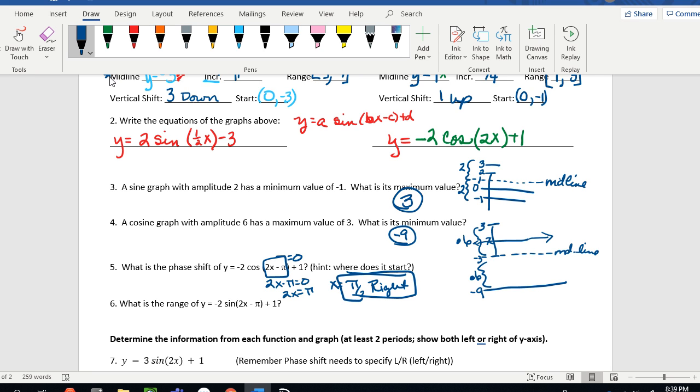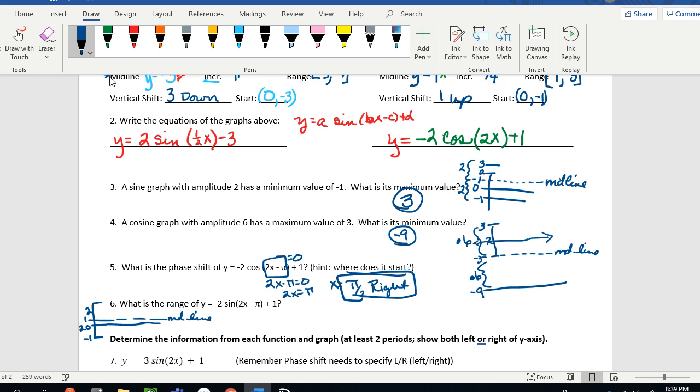What's the range of this one? Well, the range, okay, this is another one that you're having to think about. By the way, the midline hits at 1. So here's my 0 down here. This is my midline hitting at 1, and your amplitude is 2. So you've got to go from your midline up 2 and down 2.